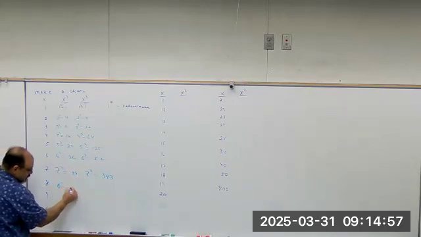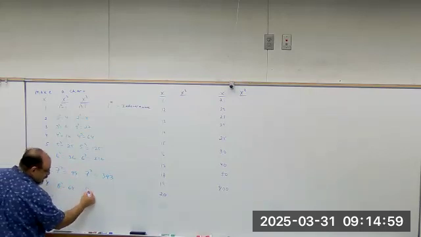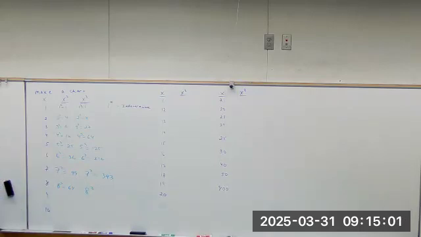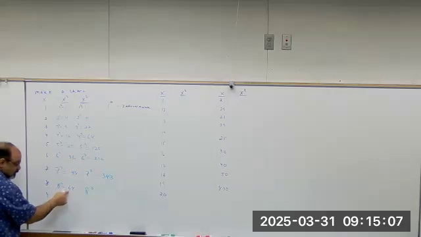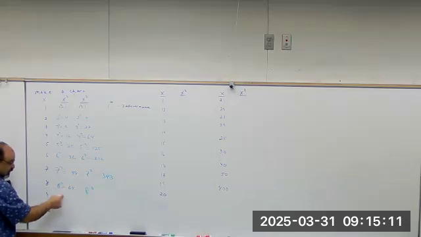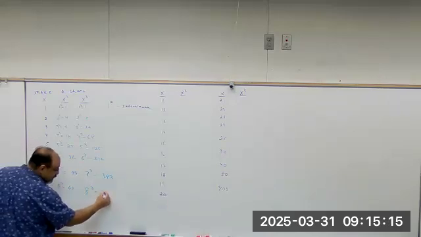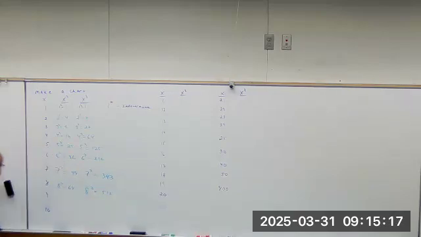8 squared, 64. 8 to the third, 512. Because 8 times 6 is 48, 8 times 4 is 32. So 48 and 32, or 480, because that's in the tens place, plus 32. 8 is a power of 2.